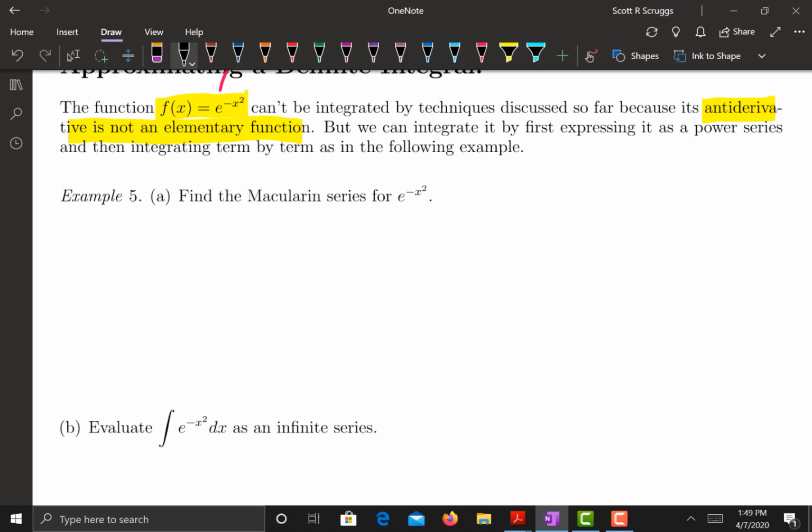First, let's find the Maclaurin series for e to the negative x squared. So, before we tackle that problem, I want to recall the property of power series that I'm going to be using for this problem.